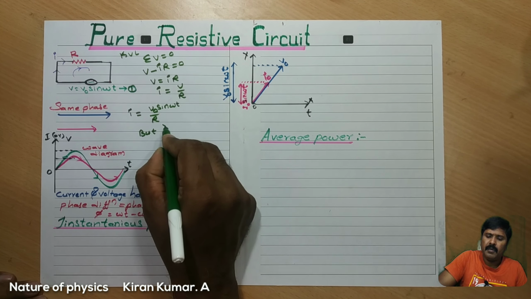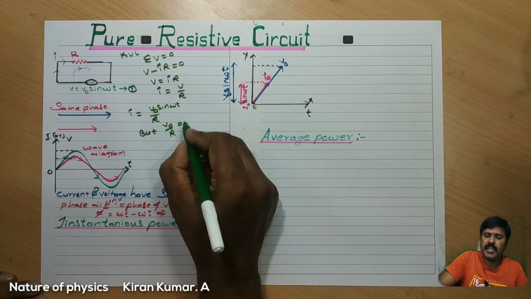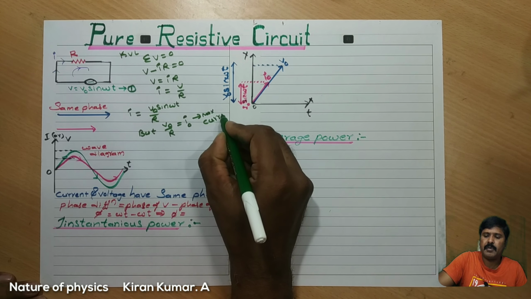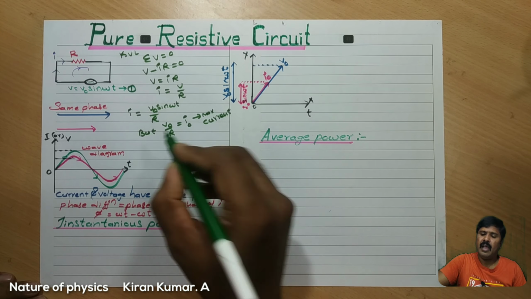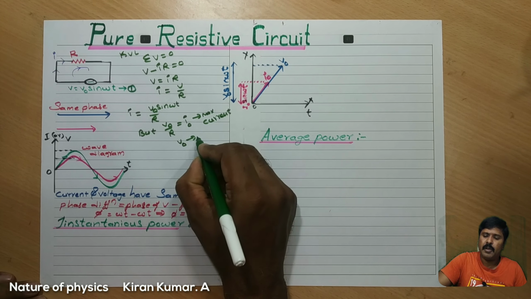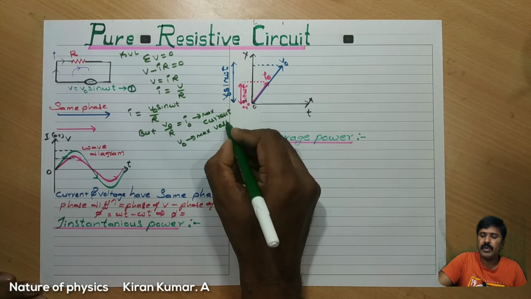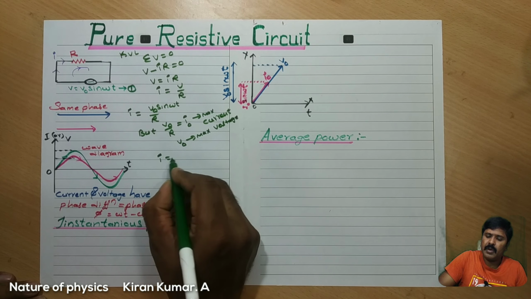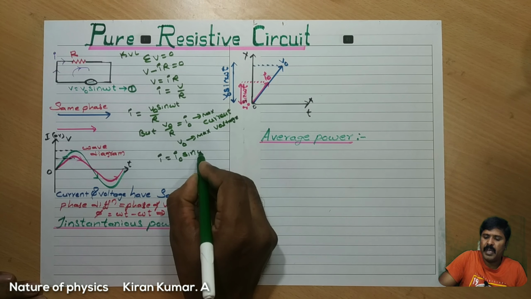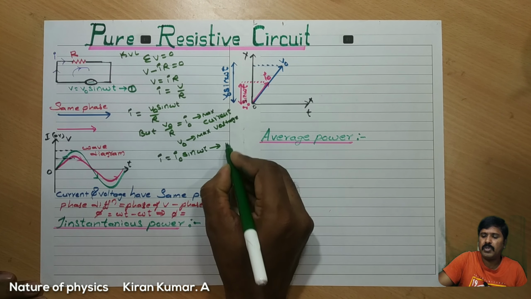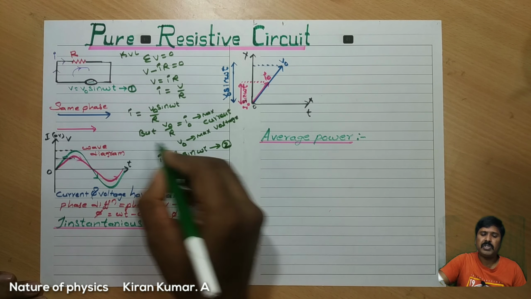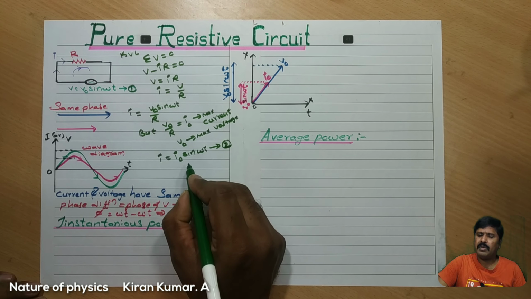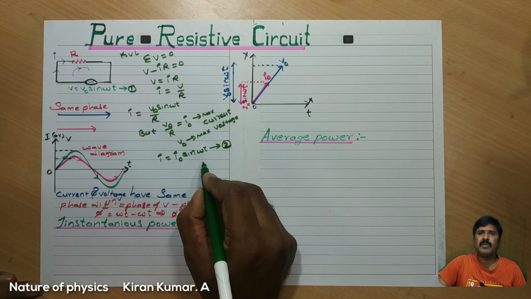But here V naught divided by R, which is equal to I naught, is the maximum current, students, and V naught is the maximum voltage, so here I am getting I is equal to I naught sin omega t. This is written as equation number 2, students. Equation 1 is the applied voltage, equation 2 is the current in the R circuit. I is equal to I naught sin omega t.